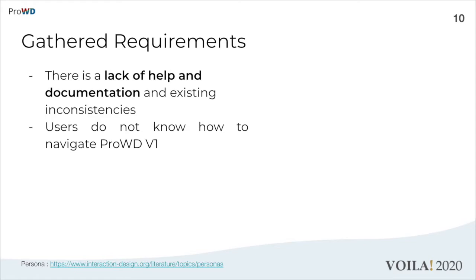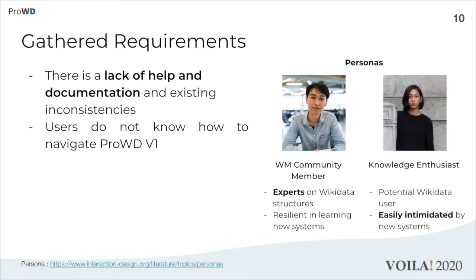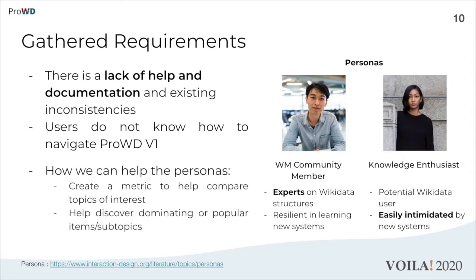And from the interviews, we gathered information about our target users and we created personas, which are general archetypes of our target users. These are images of fictional characters that represent our target users. These are the 2 personas, each with their own distinctive characteristics. And then the next step is thinking of how Proud can help these personas.